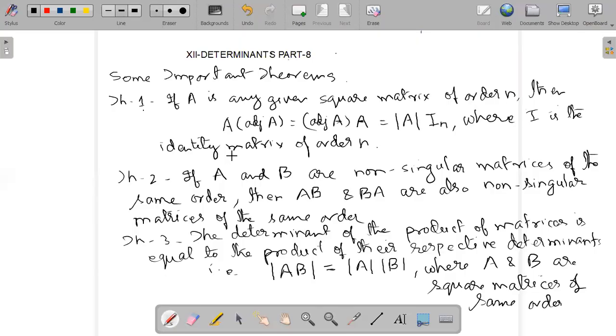There are some theorems based on the adjoint.